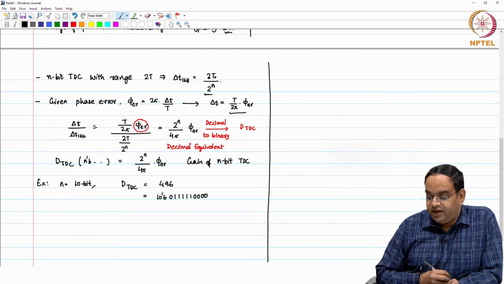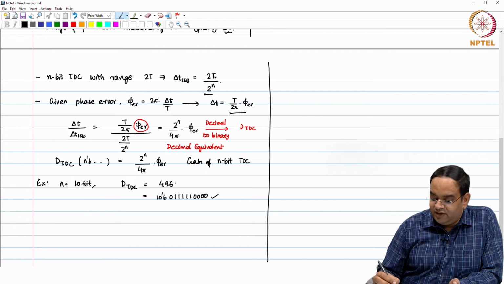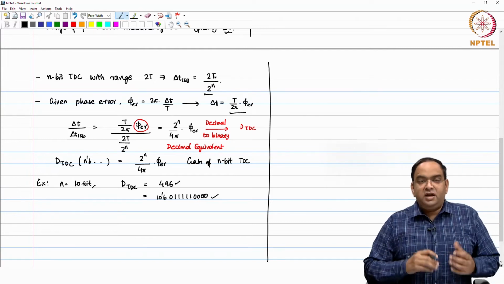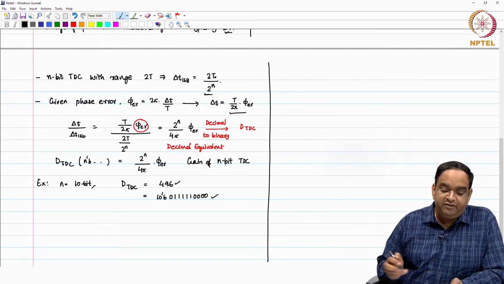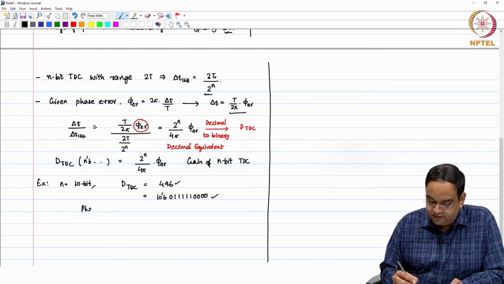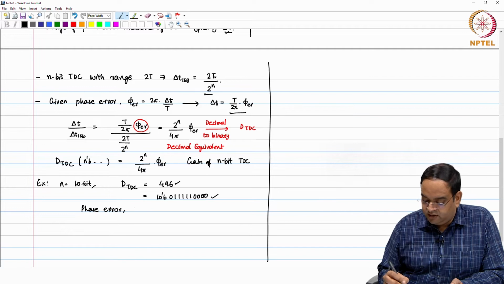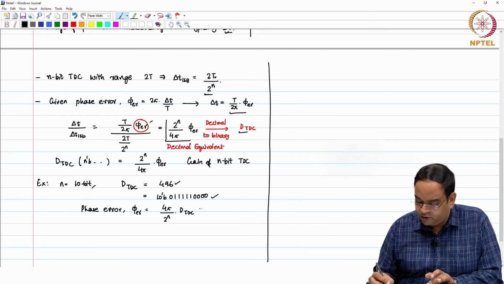What you see here is that the digital equivalent is going to be this, whereas the decimal equivalent is this. Here 496 does not mean the error is 496 times the reference period. This 496 means the phase error is 4 pi divided by 2 power n times dTDC.